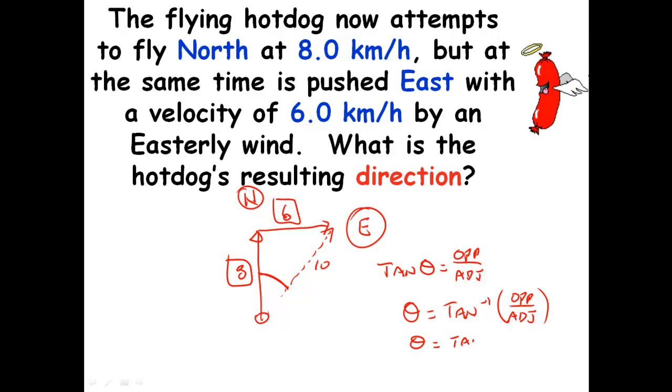Plug in those values. Tangent -1. The opposite side, of course, is 6. The adjacent side is the one left over that isn't the hypotenuse, which is 8. And you find that equals about 36.9 degrees. So it's 36.9 degrees east of north.